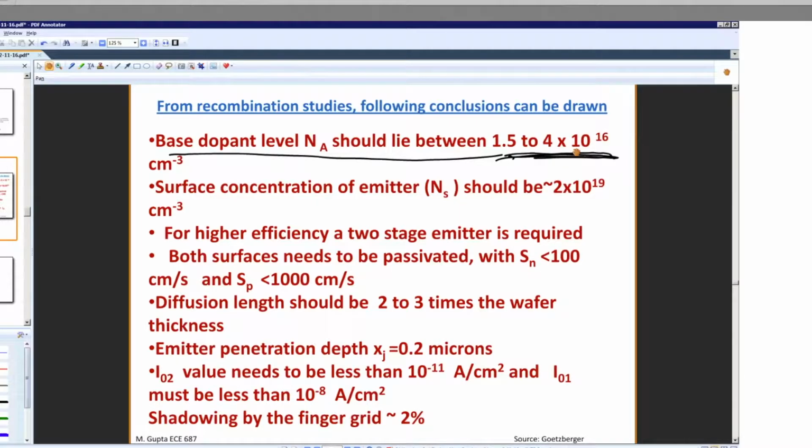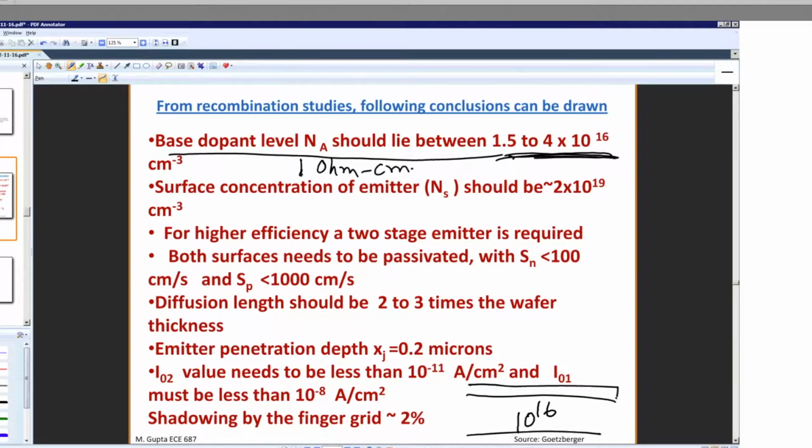How else can you say that? You can say the resistivity of the wafer, because the doping concentration affects the resistivity. This translates into about 1 ohm centimeter. It means you want a wafer with that kind of resistivity, or this much concentration. So the base should be 10 to the power 16.